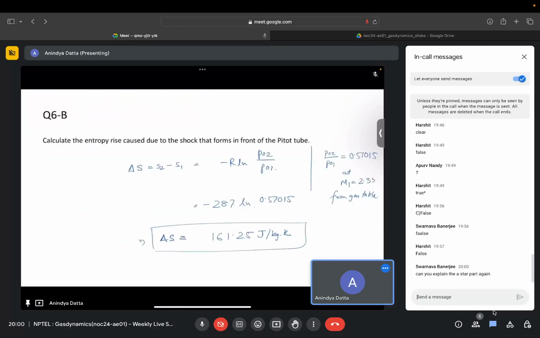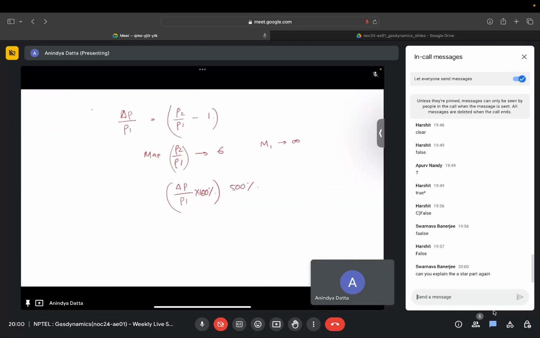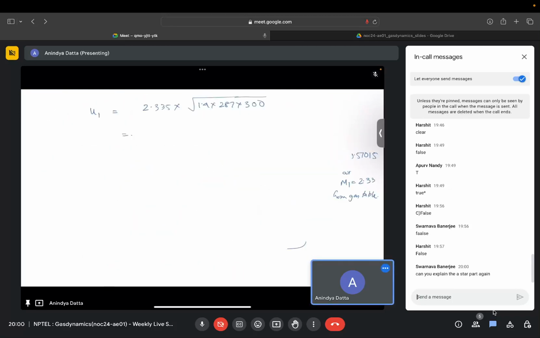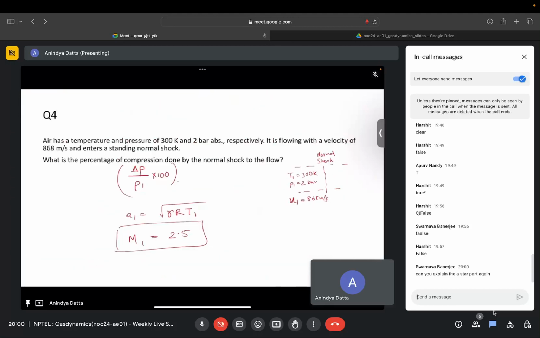Can you go back to that slide, sir? Here they have asked what is the percentage of compression done by a normal shock wave corresponding to a Mach number of 2.5.